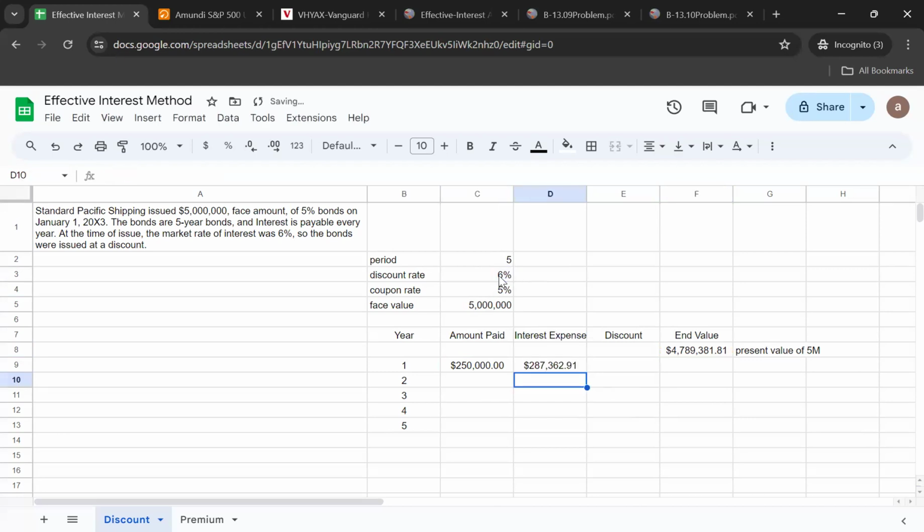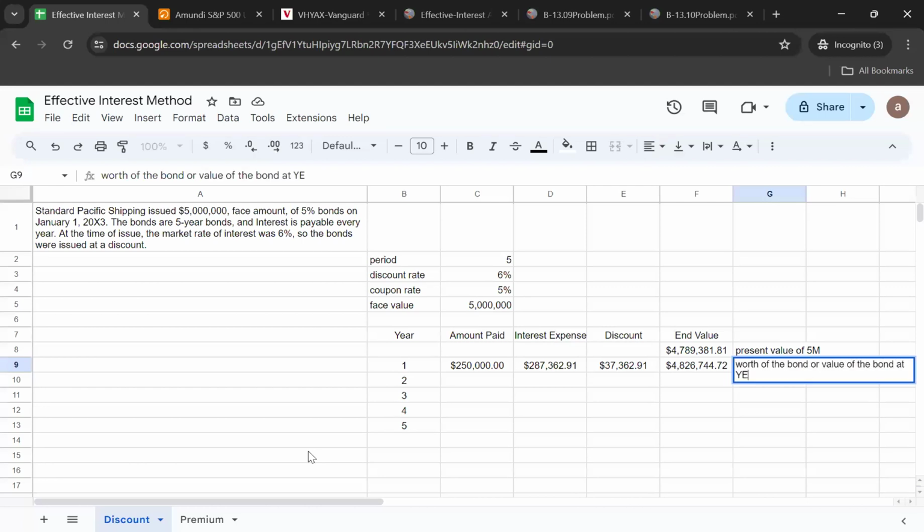And the discount in this case would be this number, interest expense minus the amount paid, which is 37,000 something. Year end bond, so the worth of the bond, this is the value of the bond at year end one. So the ending value represents that.